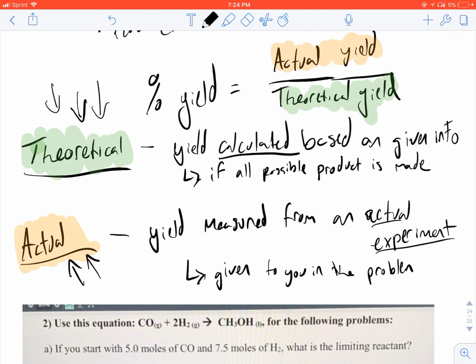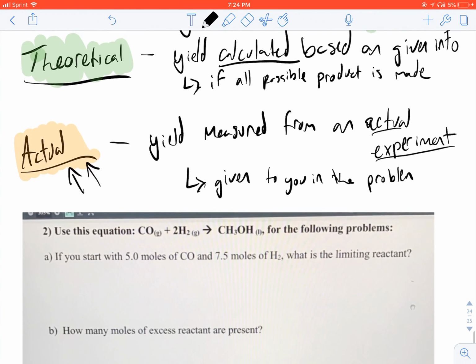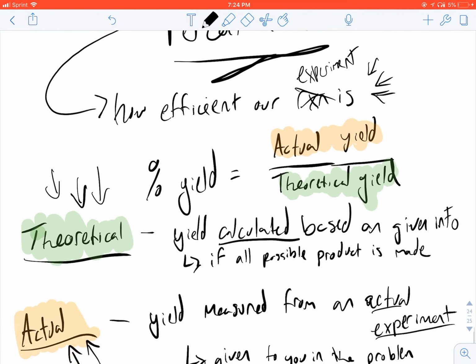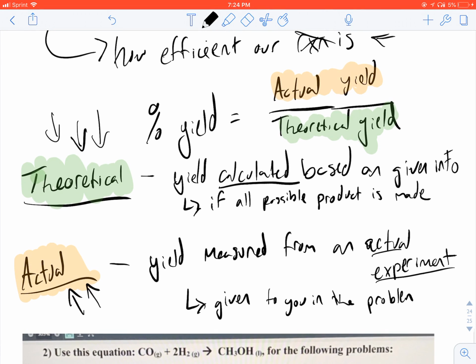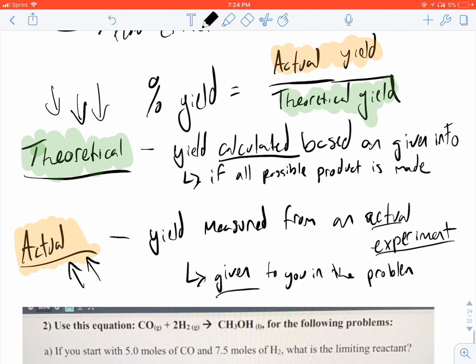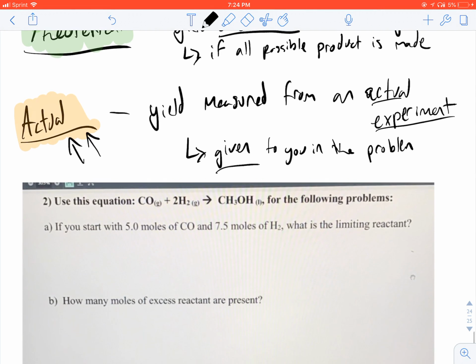However, when you're given questions on these percent yield topics and the stoichiometry problems, they'll just give you this actual yield. The question will say, what if the actual yield was this? What's our percent yield for this experiment? And we'll get into a problem right now dealing with that.